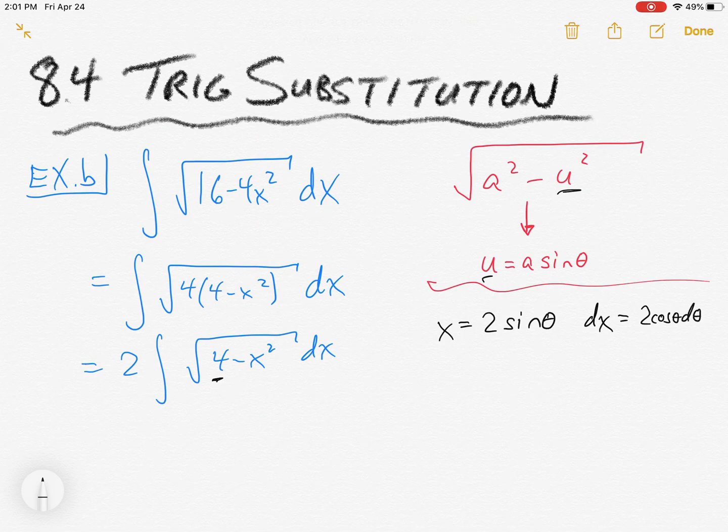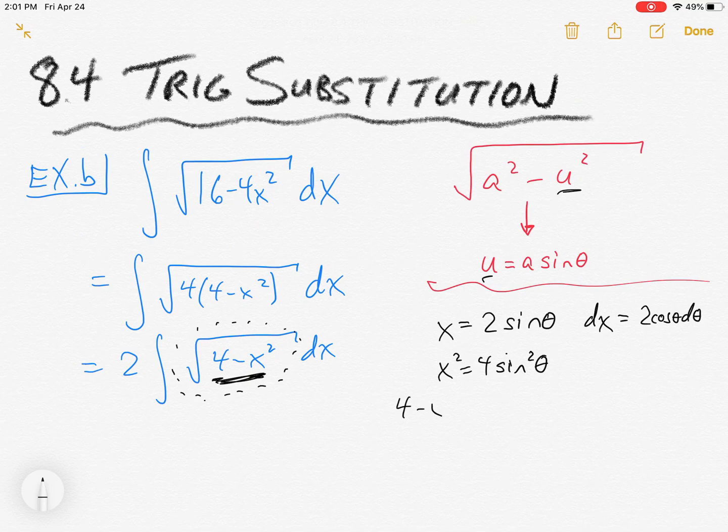This up here is just kind of a general formula. So x equals 2 sine theta, therefore dx is 2 cosine theta d theta. If you want, you could put the dx below. That's fine also.